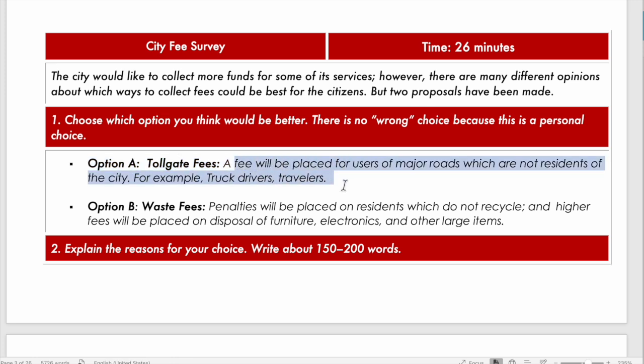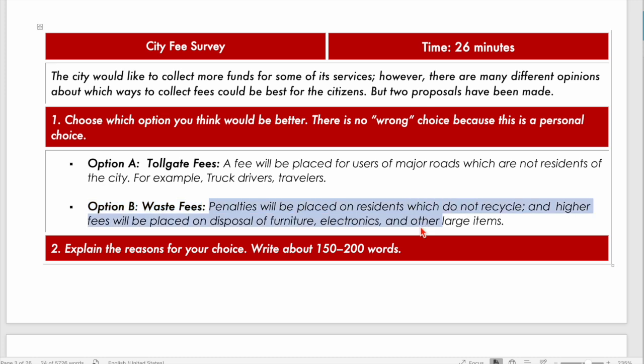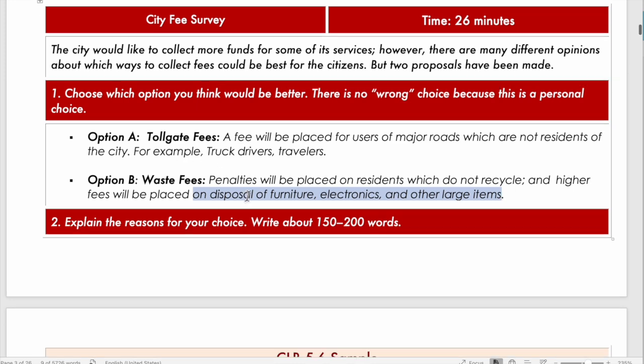People that use the highways will have to pay some fees, or waste fees. People that don't recycle get a penalty, and you pay more to recycle some items like furniture and electronics. Okay, so that was the question. Both options are good. We chose option A.